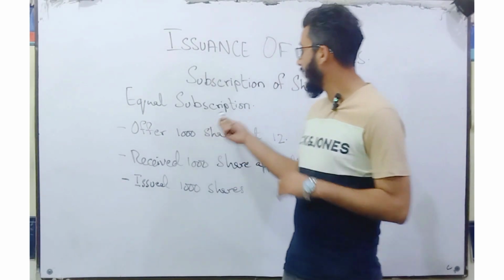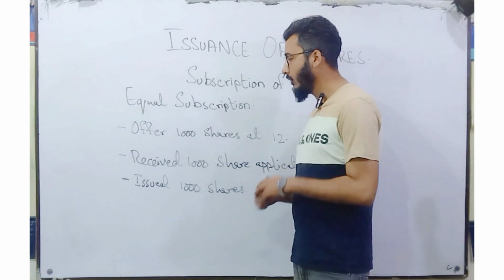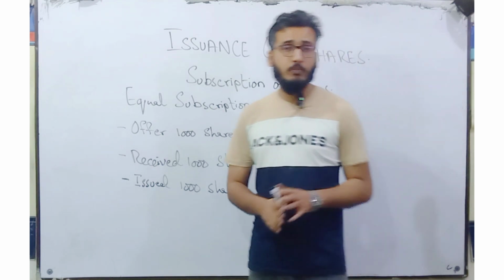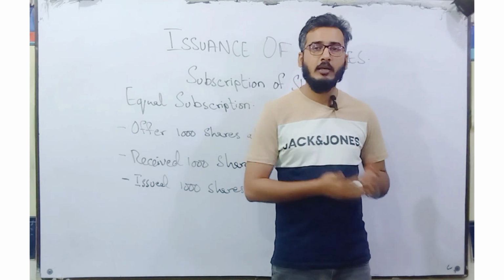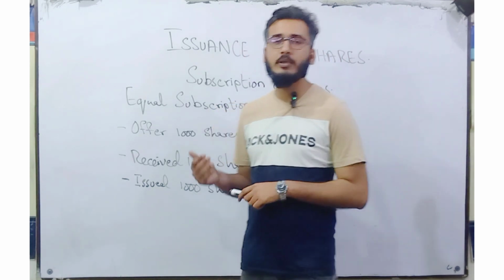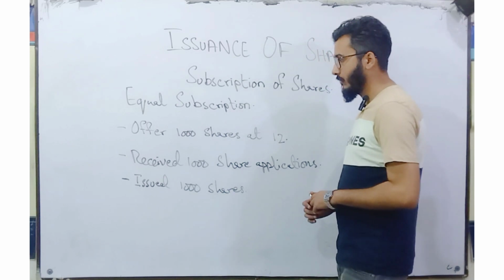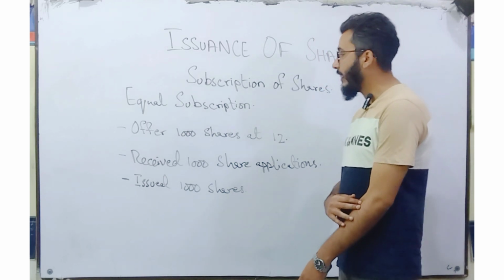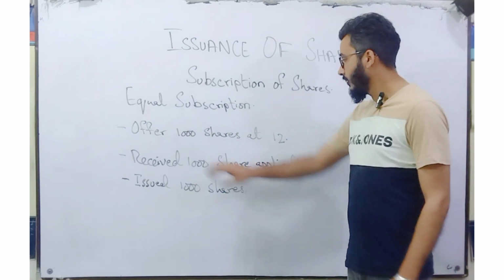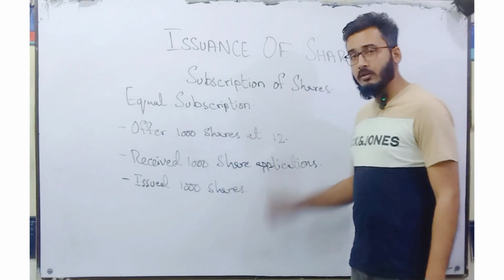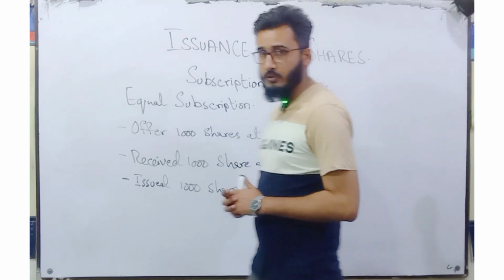Okay, so we have case number 1, equal subscription, where equal subscription means that whatever the number of shares offered by the company, the public subscribed the same number of shares. Here we have offered 1,000 shares at rupees 12, then received 1,000 share applications and issued 1,000 shares.